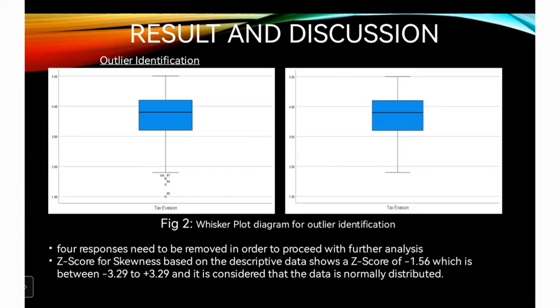To double check, we did Z-score. Under the Z-score descriptive data, the value is negative 1.56, which is between negative 3.29 and positive 3.29, so the data is considered normally distributed because it is within the range.